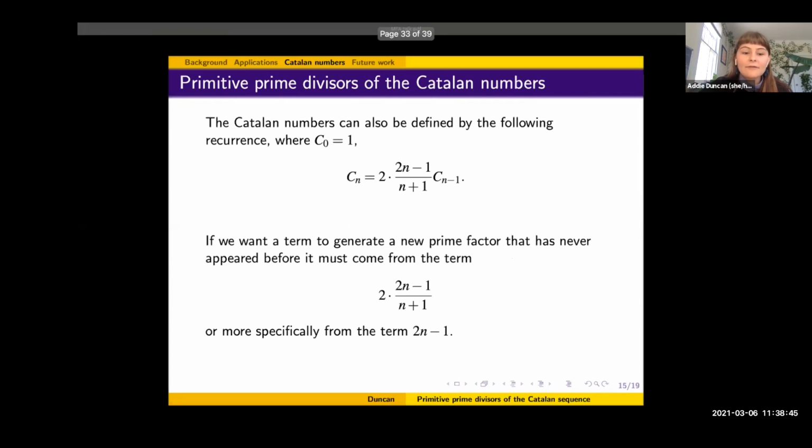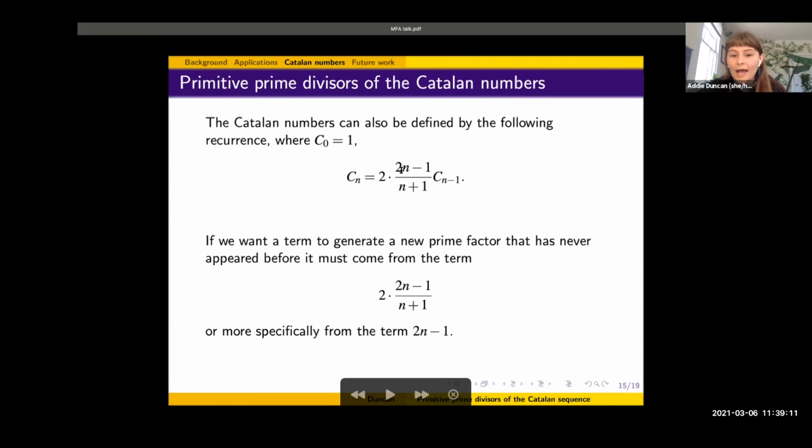And in fact, if we want to think about how we would get a new prime factor for this sequence, given we've already seen a bunch of prime factors in the previous terms, where would we find this new prime factor coming from? Well, we certainly wouldn't find it coming from the (n-1)th term, because then it wouldn't be primitive since it would have already appeared in that term. So we know that it has to come from this coefficient out here.